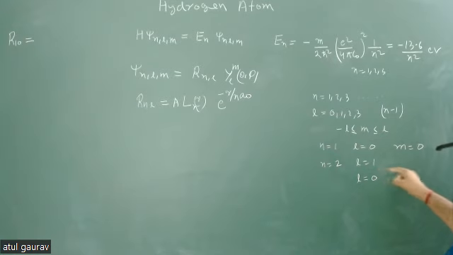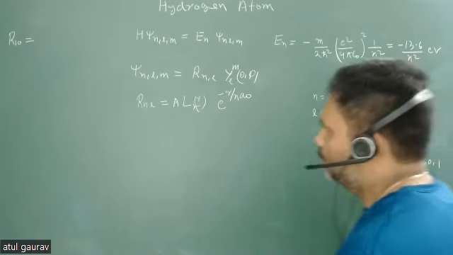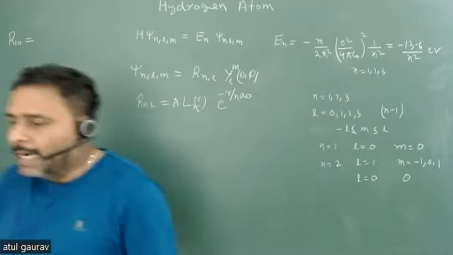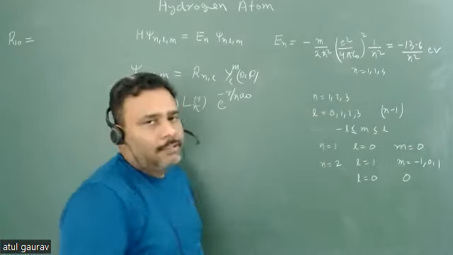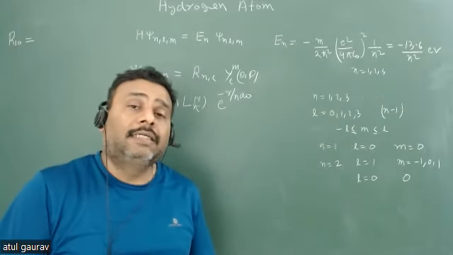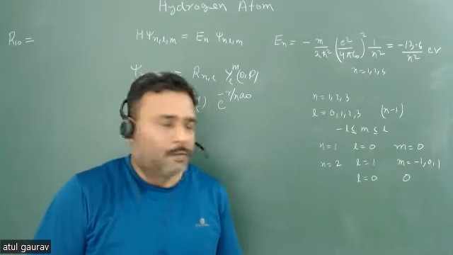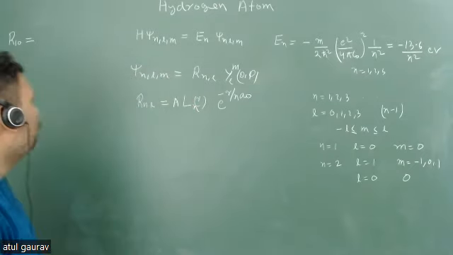When l is equal to 1, your m can be minus 1, 0, 1. If l is equal to 0, you have that particular thing. And when l is equal to 0, it is bound that m is equal to 0, and that is actually a spherical symmetric wave function. Okay, so that is a spherical symmetric wave function.